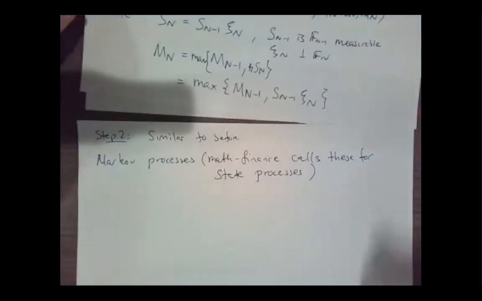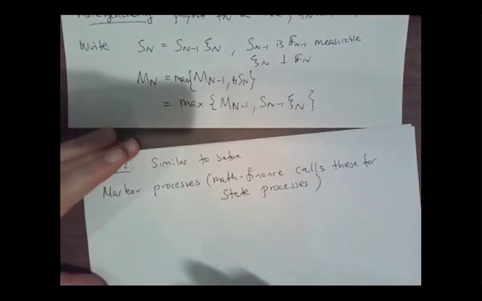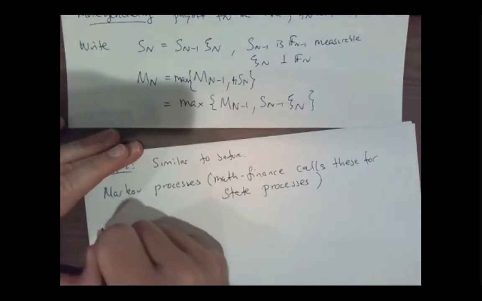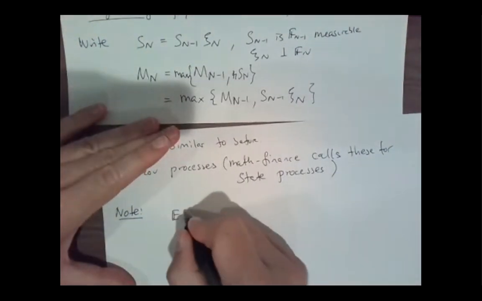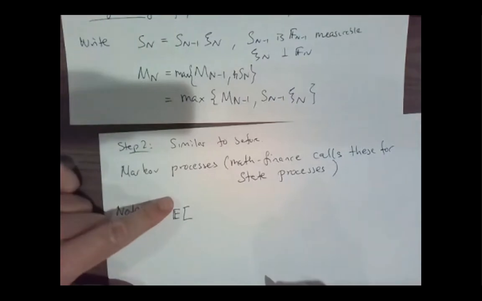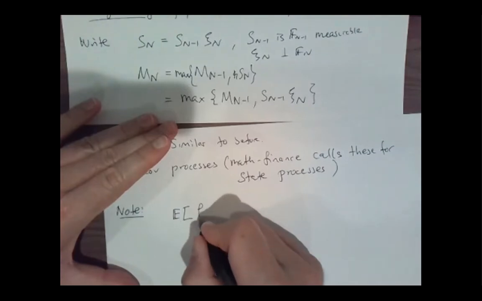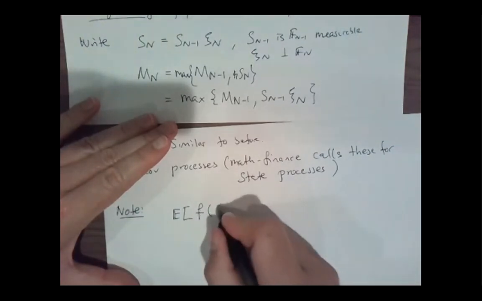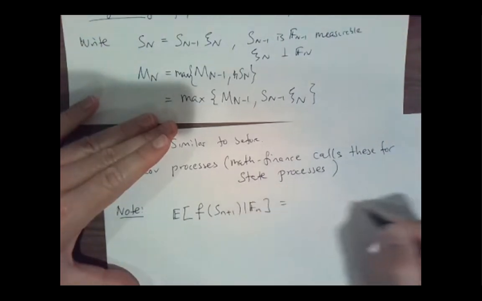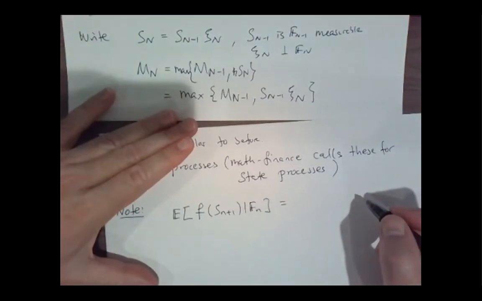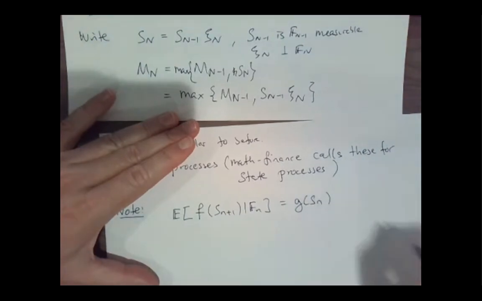And so the thing to note is, if I compute a conditional expectation, you can either put a tilde here or put a p here. It doesn't matter much for what we're doing right now. If I take a function of, say, Sn plus 1 conditioned on Fn, we've been able to write this as a function, say, g of Sn.